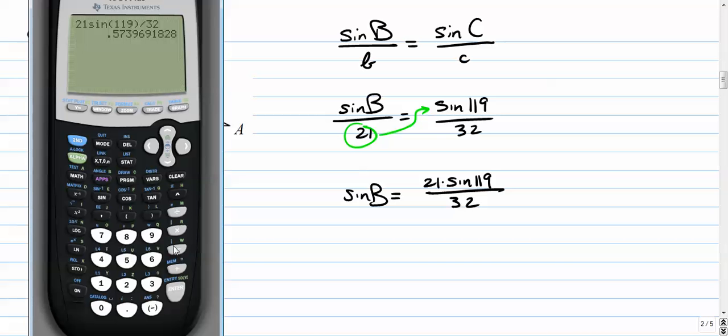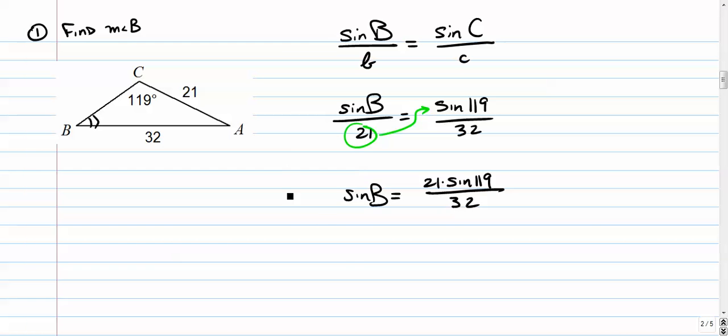If you don't close that parenthesis, you're going to get an answer that's different. If you just leave it like that, your answer is drastically different. So we get 0.57396. So the sine of capital B is 0.57396, and that goes on, right? We're going to let our calculator do the work here.